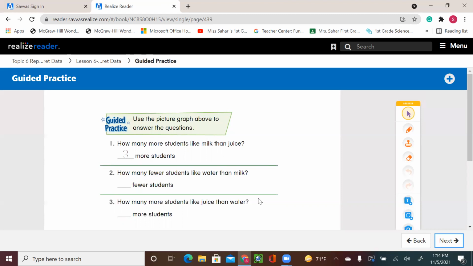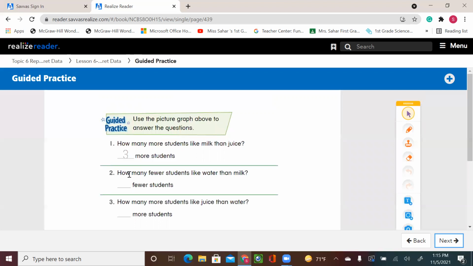So you're comparing the bar with all the pictures of milk and the last bar with all the pictures of juice. There were 3 more students who chose milk over juice.